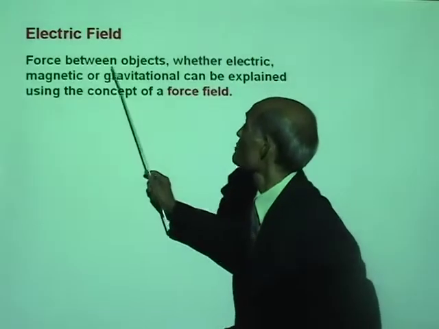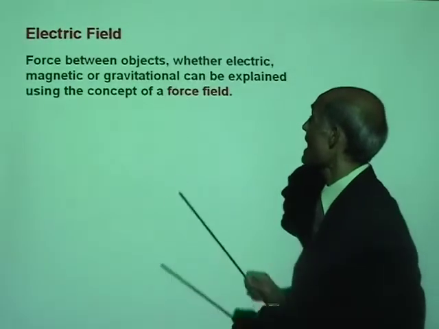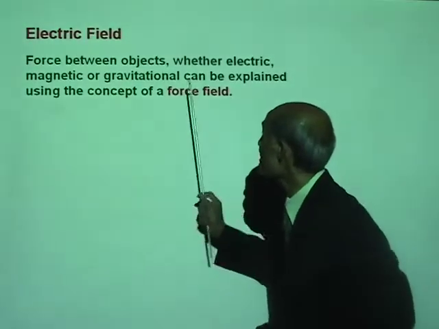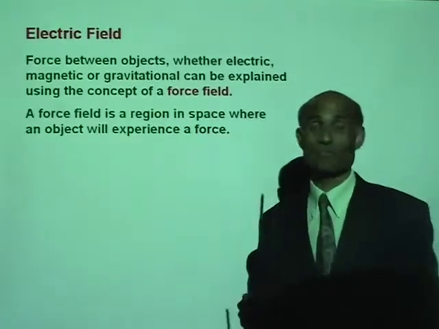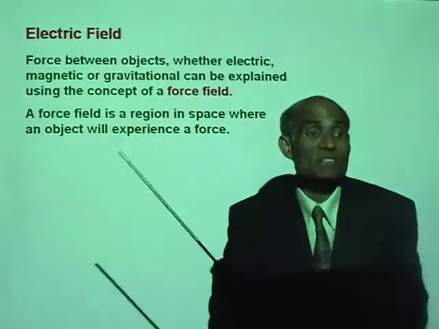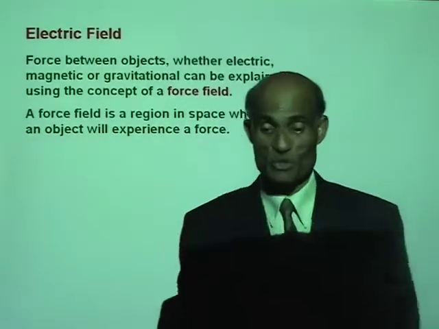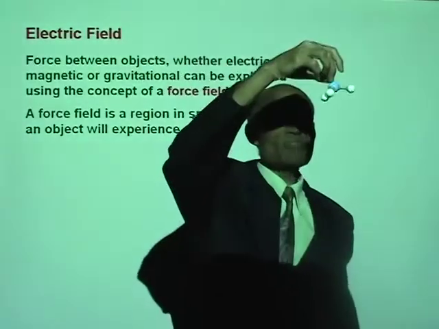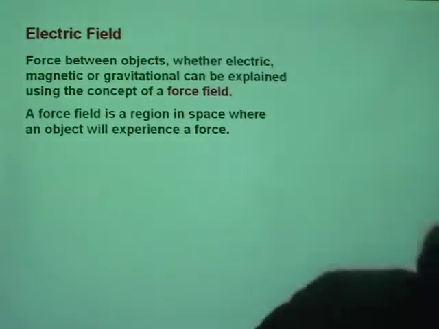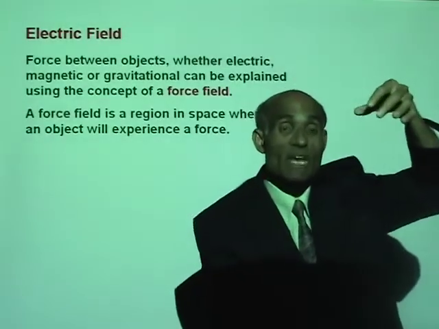Force between objects, whether electric, magnetic or gravitational, can be explained using the concept of a force field. A force field is a region, a space where the object will experience a force. If I drop this object, it falls, because it is placed in the Earth's gravitational field.